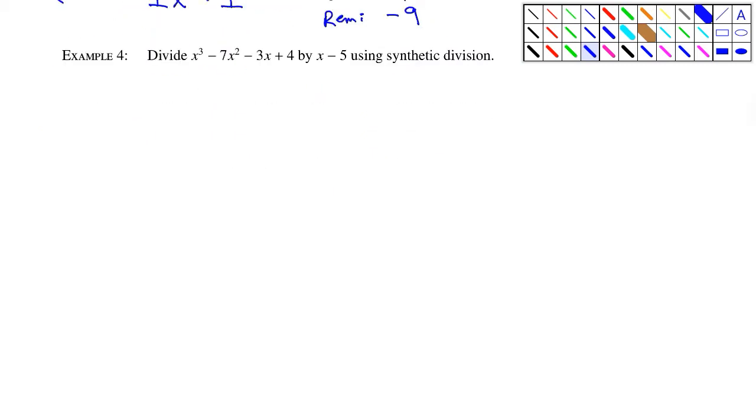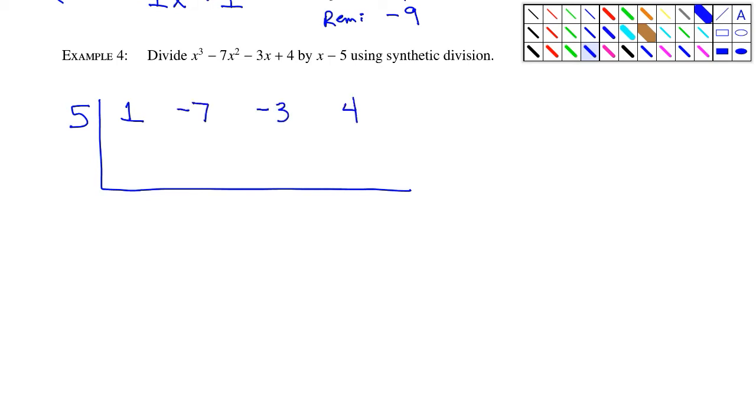Example number 4. Divide x cubed minus 7x squared minus 3x plus 4 by x minus 5 using synthetic division. So we're going to have a 5 on the outside. And our coefficients are 1, negative 7, negative 3, and 4. Bring down the first number. It's a 1. And multiply. 5 times 1 is 5.